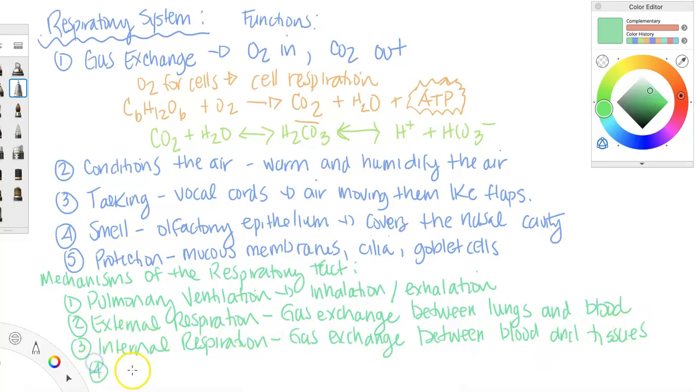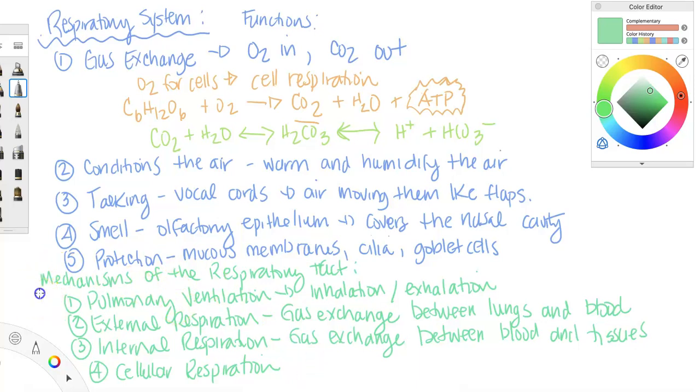The fourth aspect, of course, then would be cellular respiration. So where we take that oxygen, use it, and then we get carbon dioxide exchanged to go back.